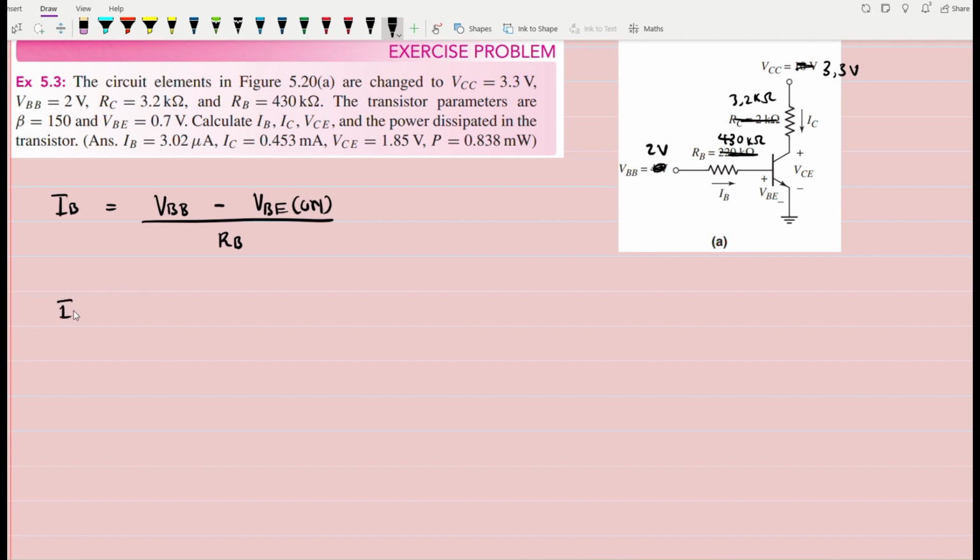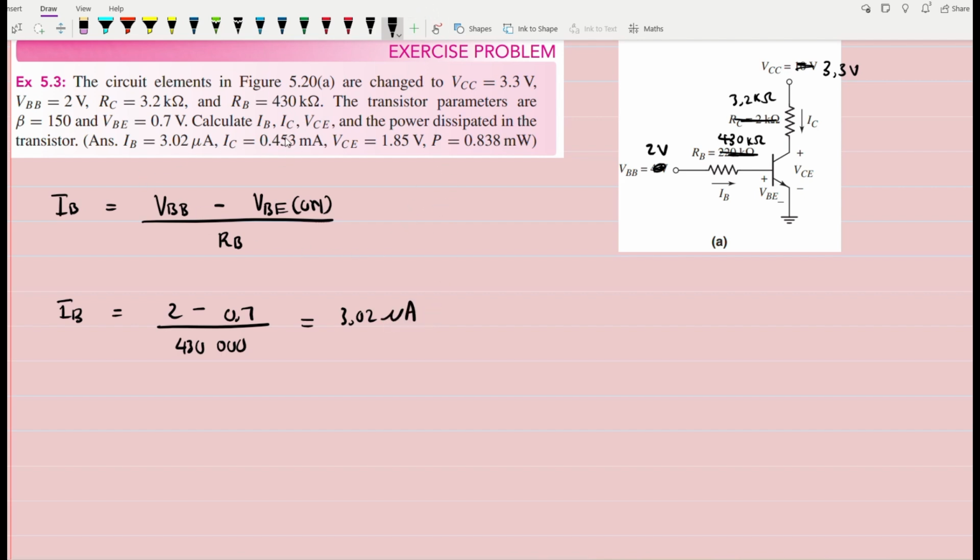So IB is equal to VBB, which is 2 volts, minus VBE, which is 0.7, divided by 430K, so 430,000. Putting this into a calculator, we get 3.02 microamperes.